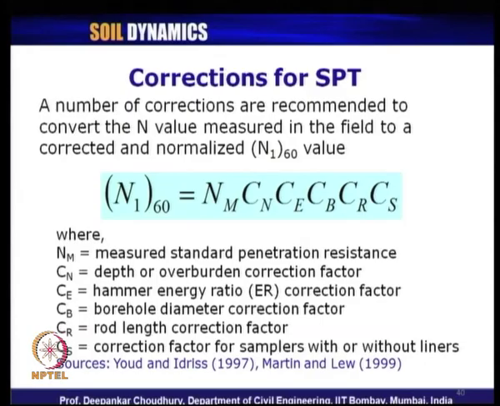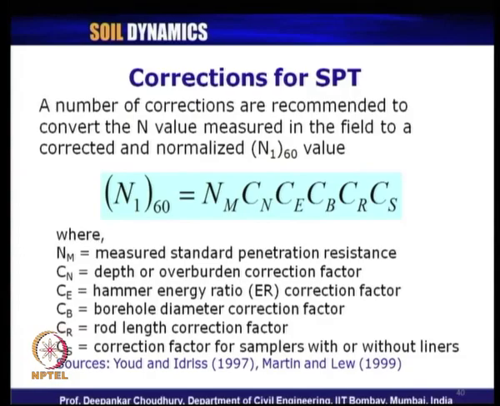Why is CB involved? The borehole diameter correction factor. The borehole in which you are driving your sampler tube to collect the soil sample, if it is very wide, a huge large diameter borehole, you will get one result. If it is very narrow, your sampler will experience friction coming from the borehole sides.